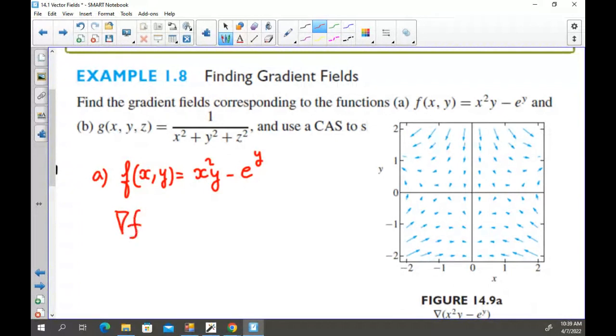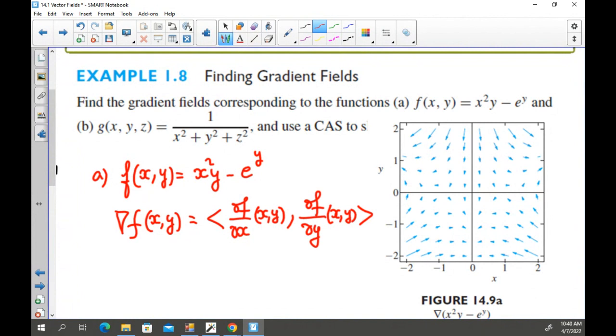The gradient of the function f, we have seen this function before, yes? What is it? It's the vector df over dx at xy, the first component. The second component is df over dy. Yeah? Do you remember this gradient function? Yeah? This is called the gradient field, or just the gradient function. Yeah, the gradient field.